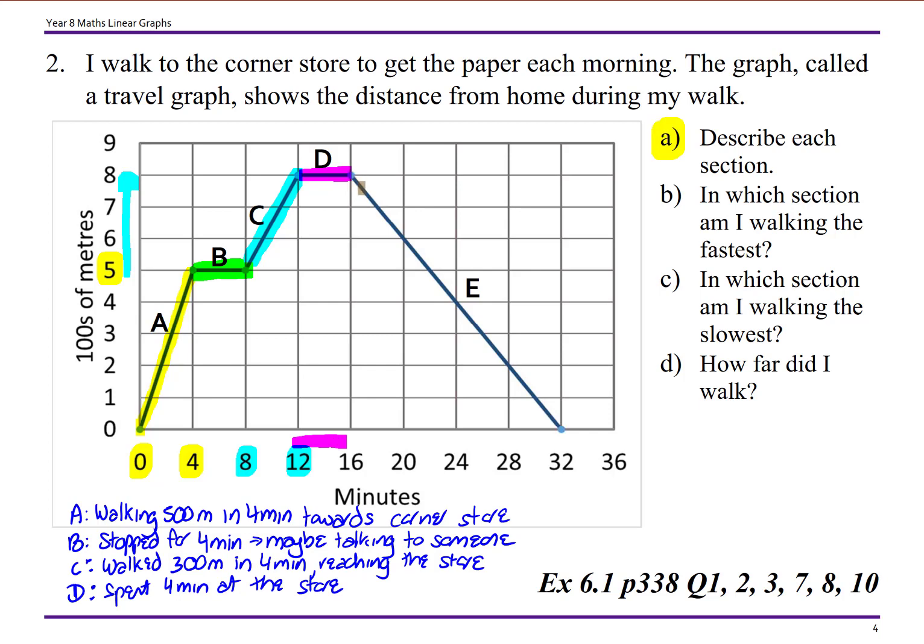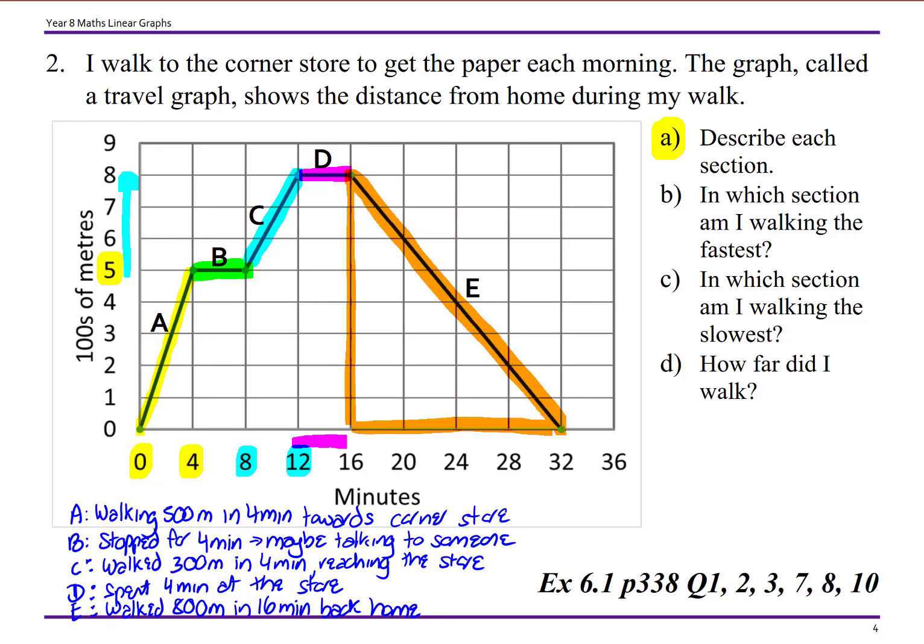Finally, we're at section E, and I've gone from 16 up to 32 minutes. Oops, 16 minutes. So each section's 4. So for 16 minutes, I've walked 800 meters back home.